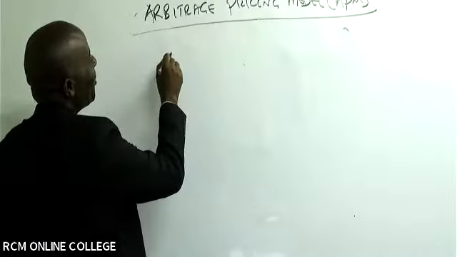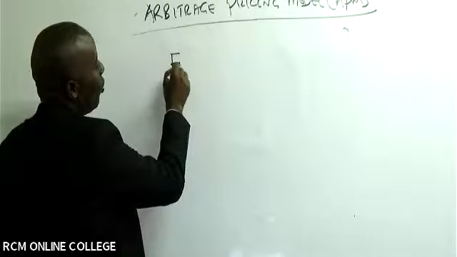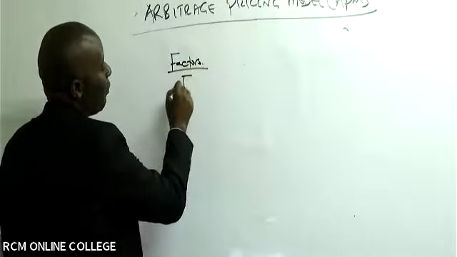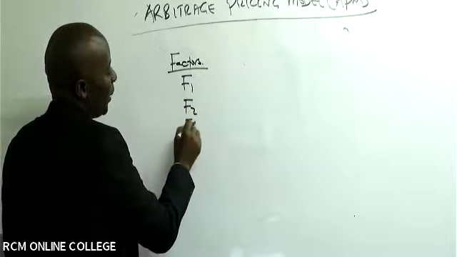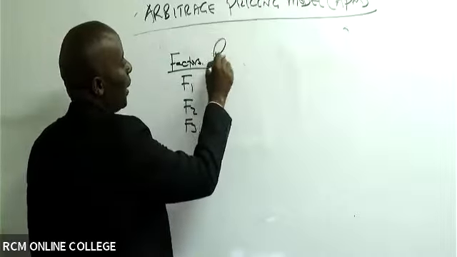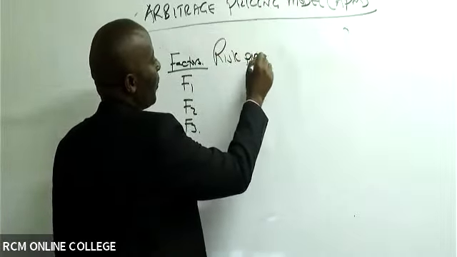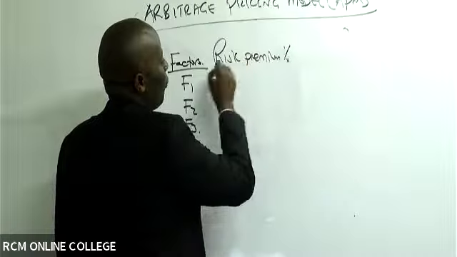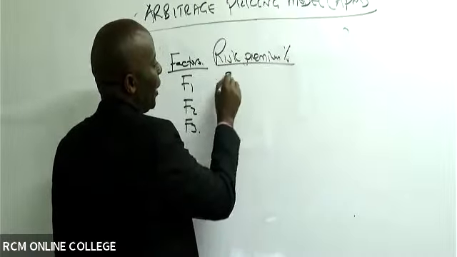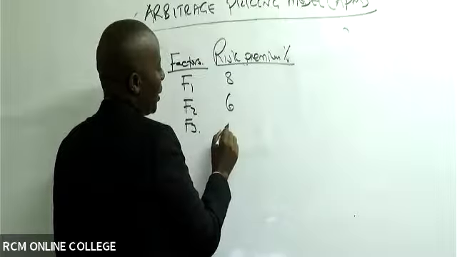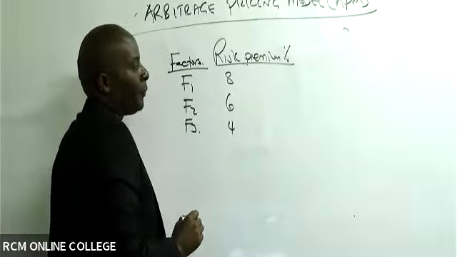All right, so then we have an exercise. We have 3 factors: factor 1, factor 2, factor 3. Then they have given us risk premiums in the form of percentages: 8, 6, and 4.